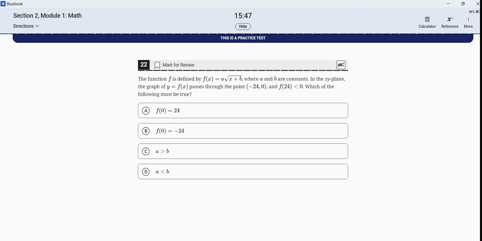And what they're saying is when you plug in negative 24, you get 0. And thus, it has to be D. Because if negative 24 is plugged in for x, b has to be more than 24, because there cannot be a negative number in the radical.